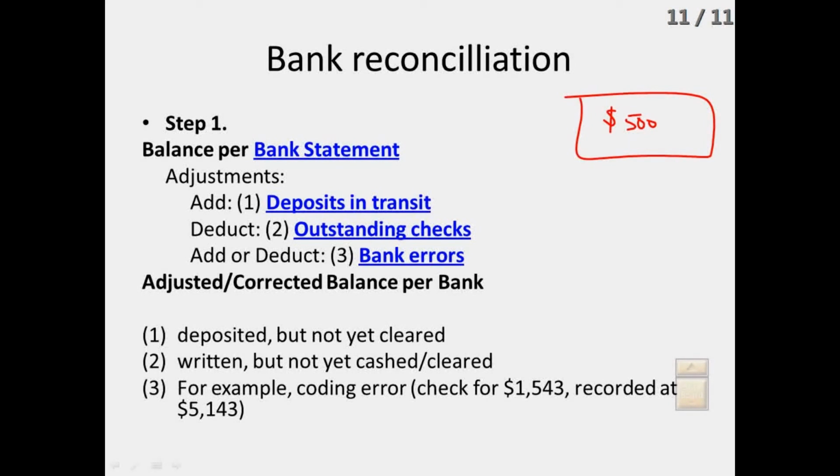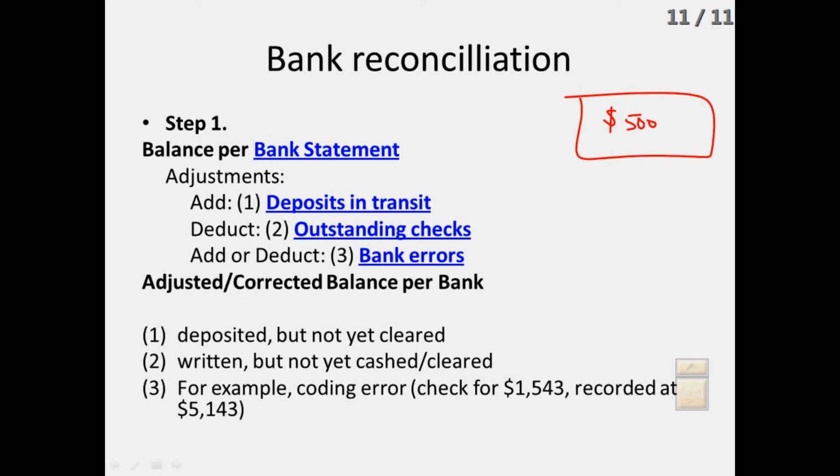So what we need to do is make sure that the bank and our books are meshed, okay? We all agree that the account balances are the same. So the bank every month sends me a bank statement. But when do they send it? They send it as of the 31st of the month, or the last day of the month. And by the time I receive the bank statement, it's not really accurate anymore anyway.